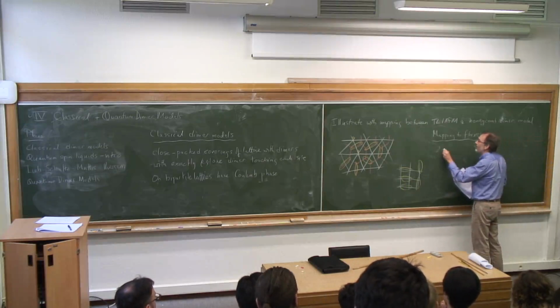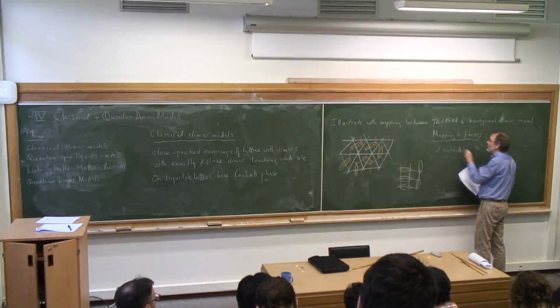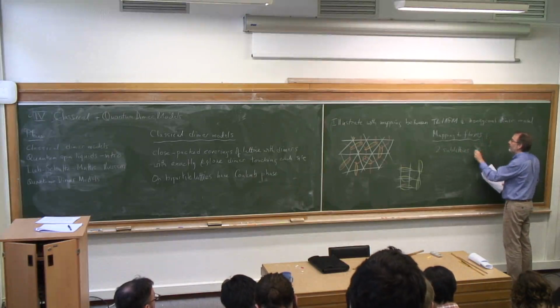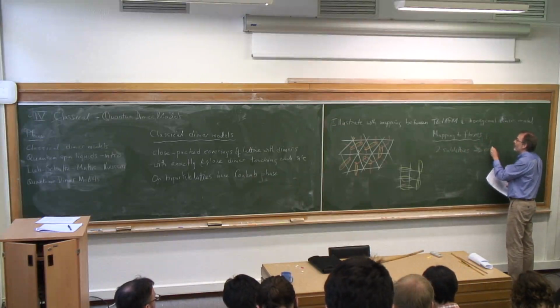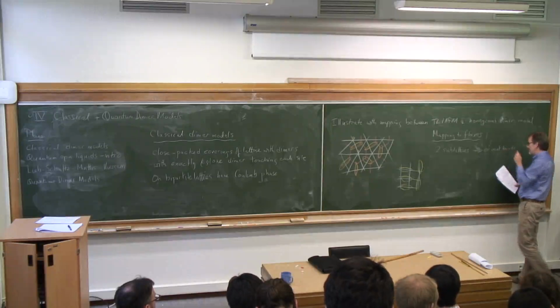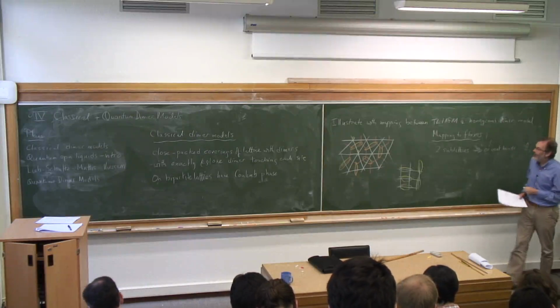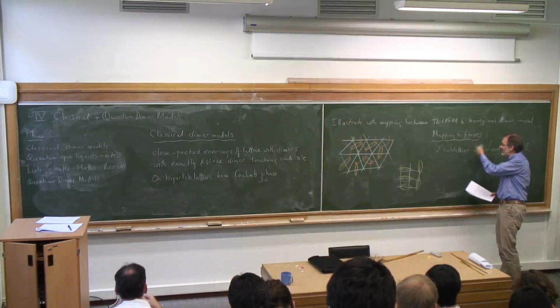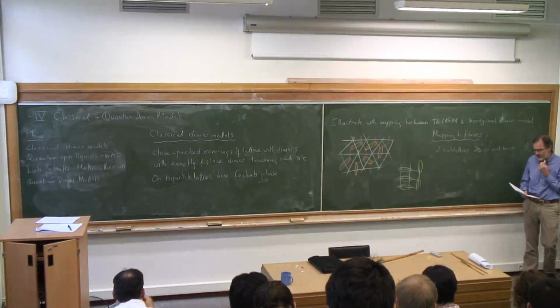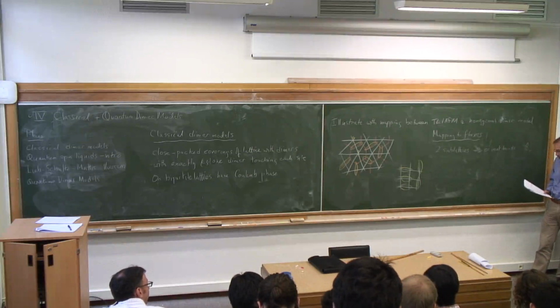So in general, if I have two sublattices, I can orient the bonds, and I can introduce unit vectors in the direction that I've chosen in this way by convention on a bond i.